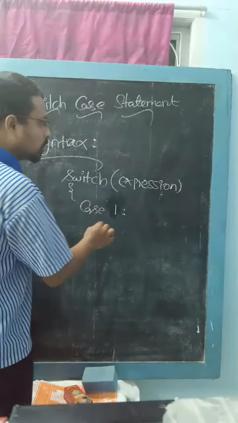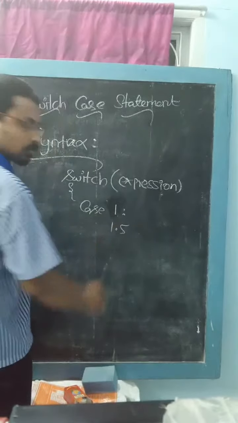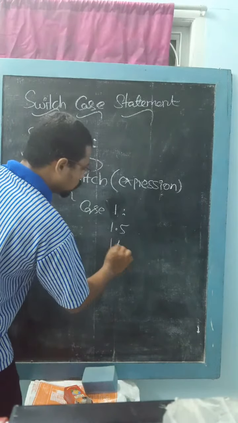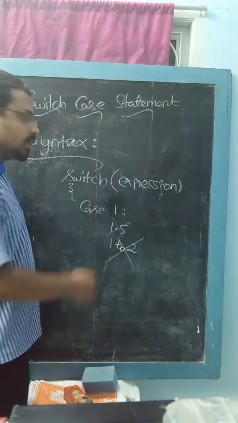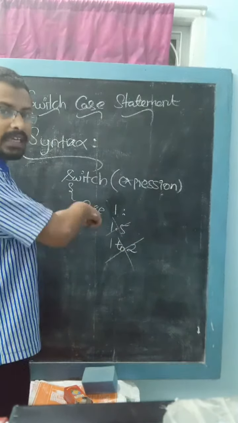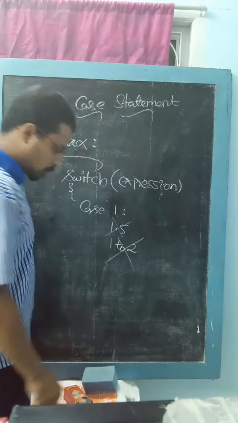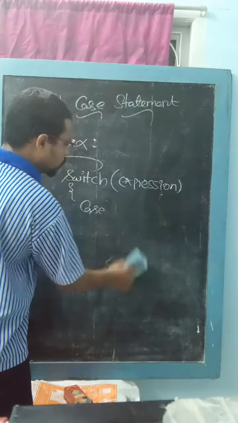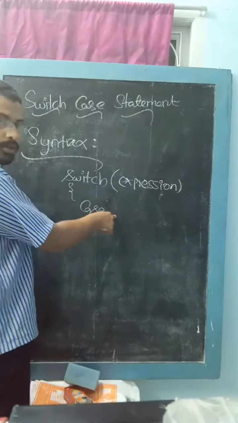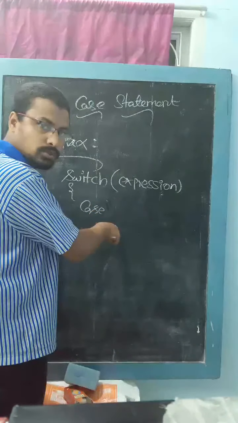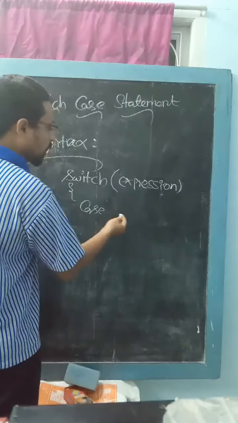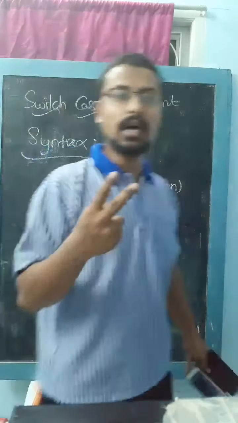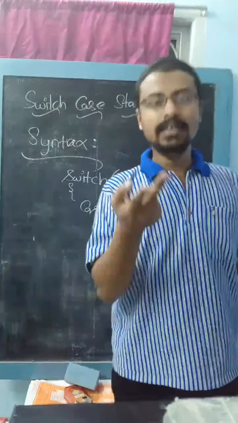You cannot use 1.5 or 1 to 2, like that. These are the invalid values for case. You got it? So what are the invalid values? After the case, you cannot use float values or range of values. Here you can use integral types, both character and integer.